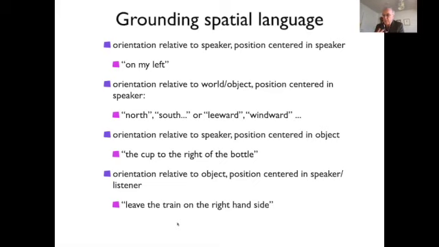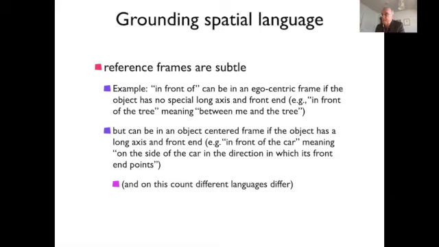But for you as an observer, it's positionally centered in you, because you're somewhere inside the train, so you know what the right then means from that point of view. If you were outside, then that would not be the correct understanding. So you can see it's complicated and subtle, and I want to give one example to point out how subtle it is.